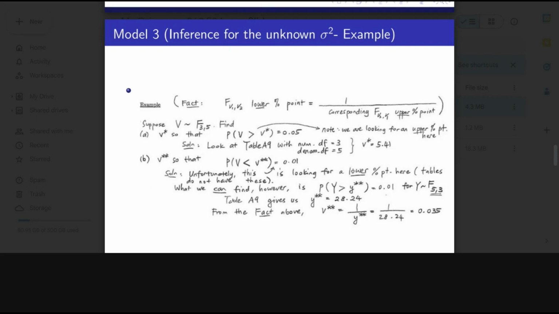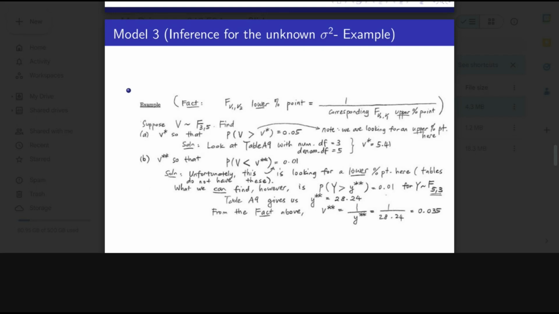So you are still looking at an F35. You're interested in F35. But if you want a 99% area after a certain point, you don't have that on the table. But if you look at F53, if you reverse the order, you can find the upper 1%. That gives you 28.24.